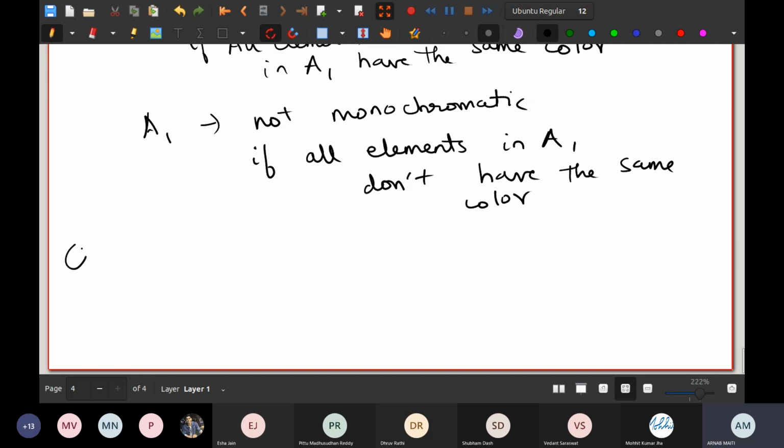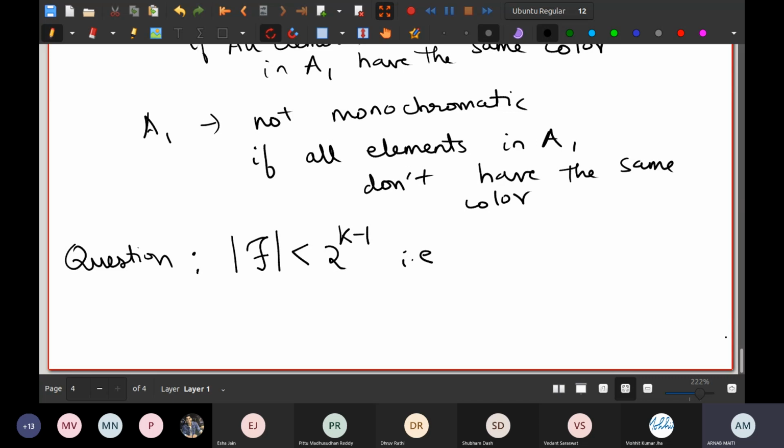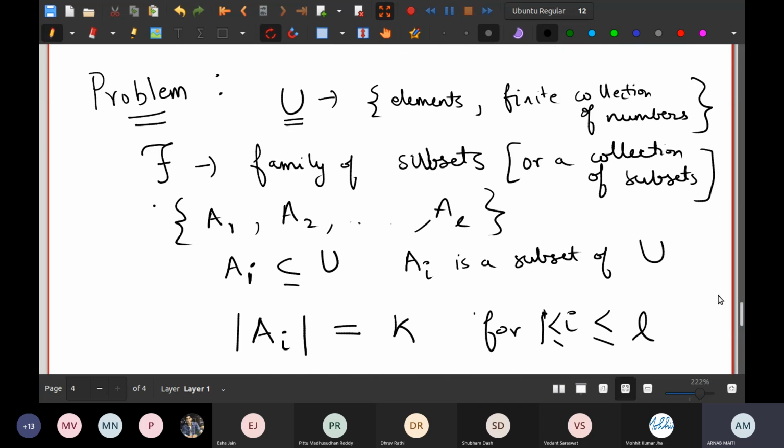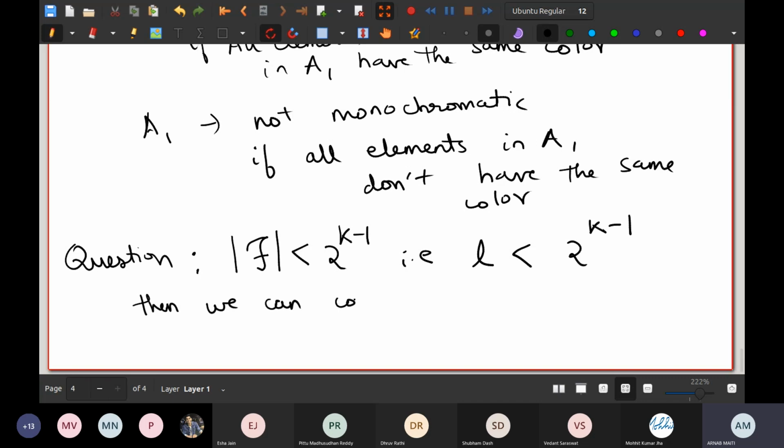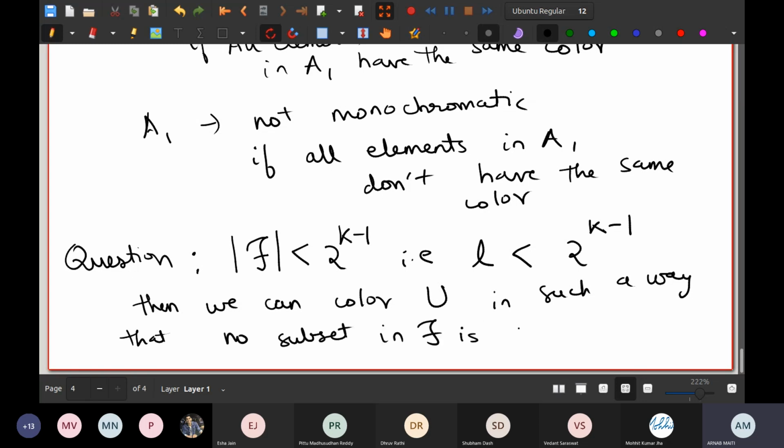so the question is, if the size of the family of subsets is less than 2 to the power k minus 1, that is, there are in total L subsets in this family, so if L is less than 2 to the power k minus 1, then we can color U in such a way that no subset in F is monochromatic.